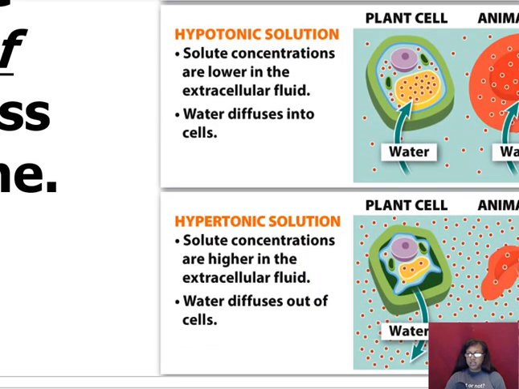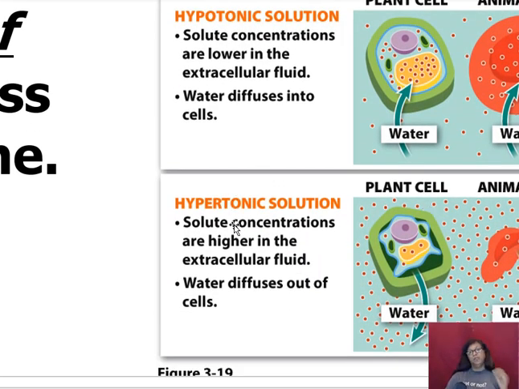We can also have the situation where we have a hypertonic solution. Remember, hyper means above. Hyper means more. Someone who's hyperactive, they're extremely active, right? So hyper means more. So if I have a hypertonic solution, that means I have more particles in the solution than I have in the cell.